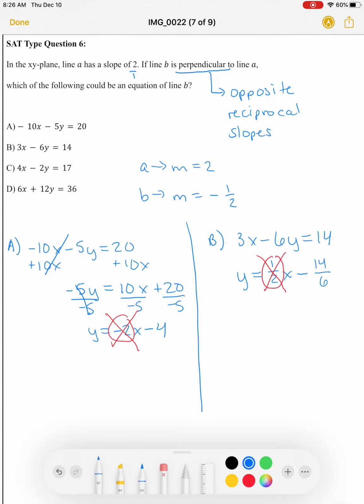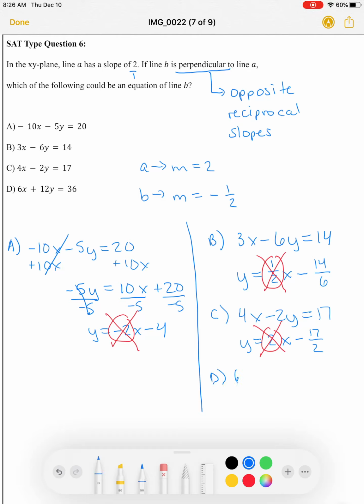If we did this with C, which is 4x minus 2y equals 17, we'd be left with y equals a positive 2x minus 17 over 2. This slope is positive 2, which is not what we're looking for, negative 1/2.